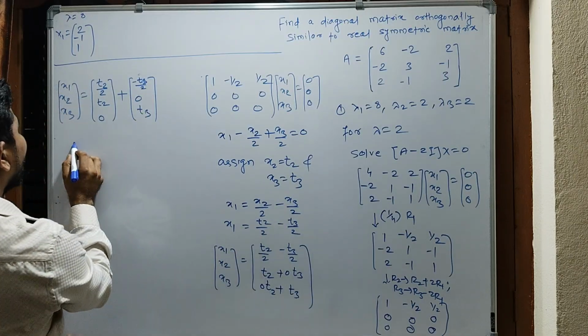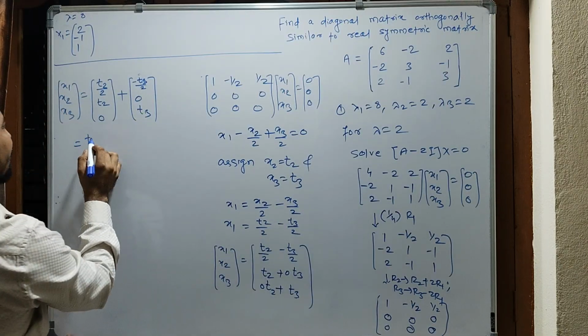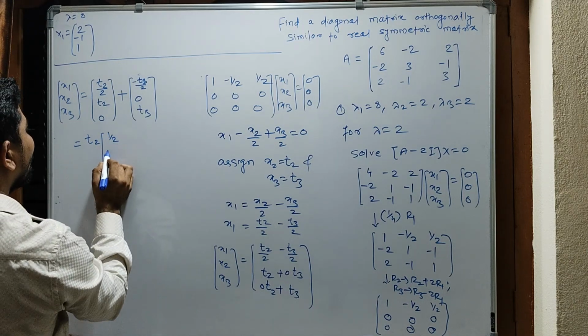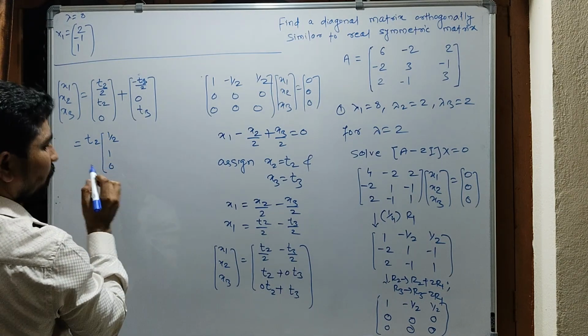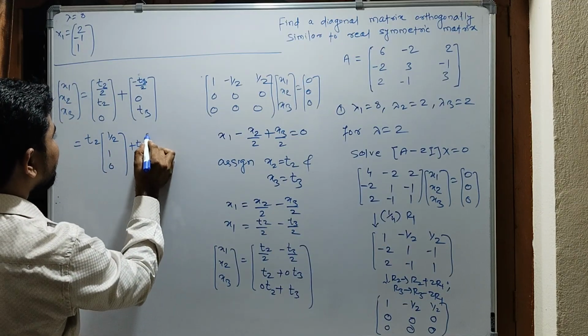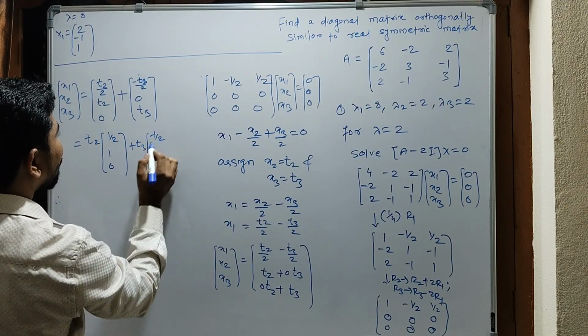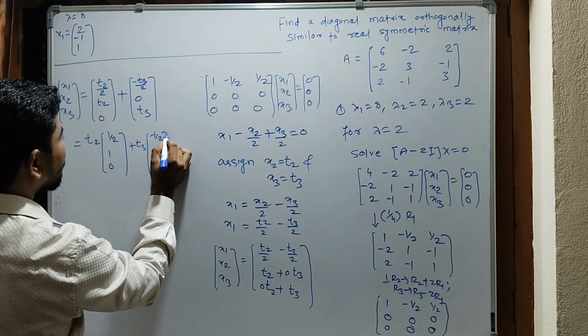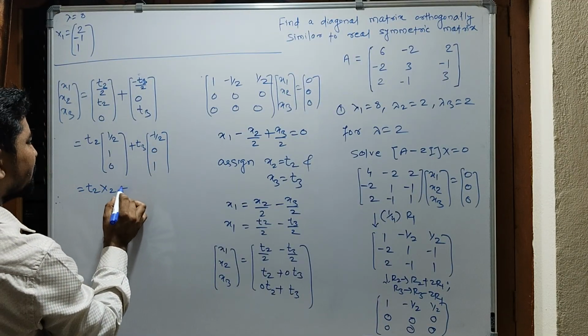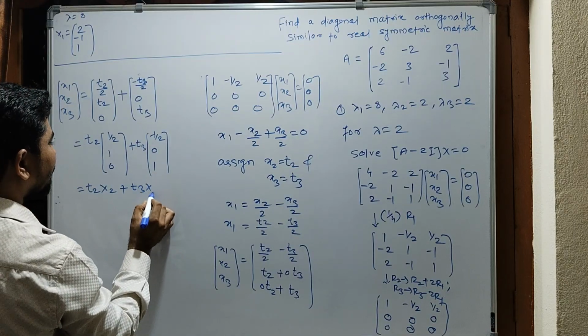So I will write t2 times (1 by 2, 1, 0) plus t3 times (minus 1 by 2, 0, 1). Let's say this is t2 times x2 plus t3 times x3.